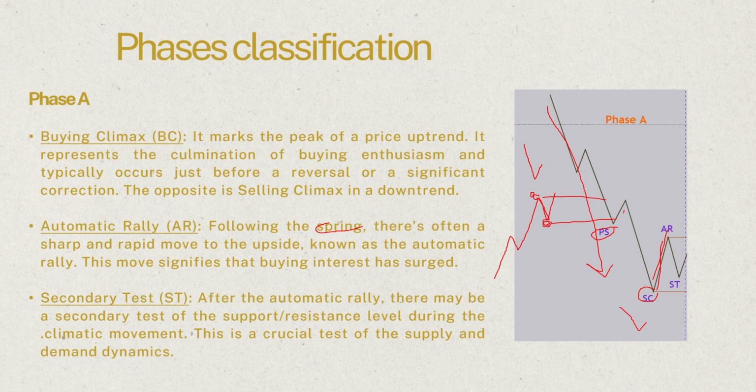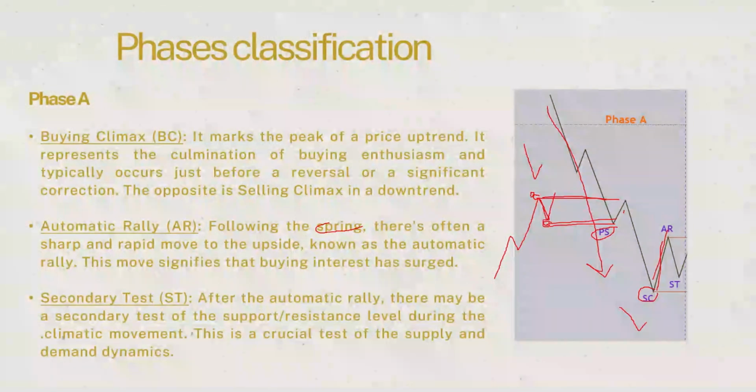Then secondary test. This is like the testing of the support and resistance level during the climatic action. So the climatic action leaves behind the resistance level, which you draw like your range. And when the market comes back to that zone and is rejected off that zone, then this becomes a secondary test.